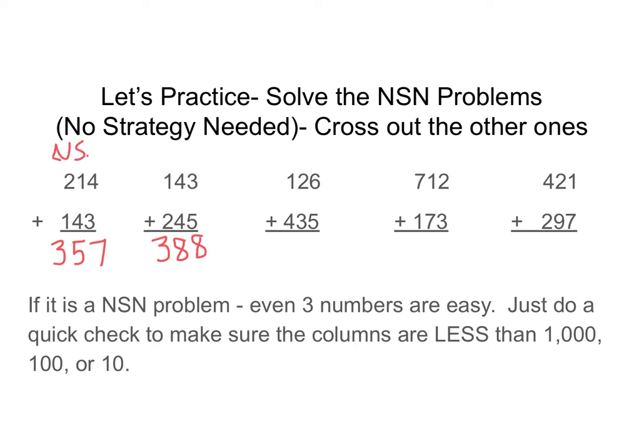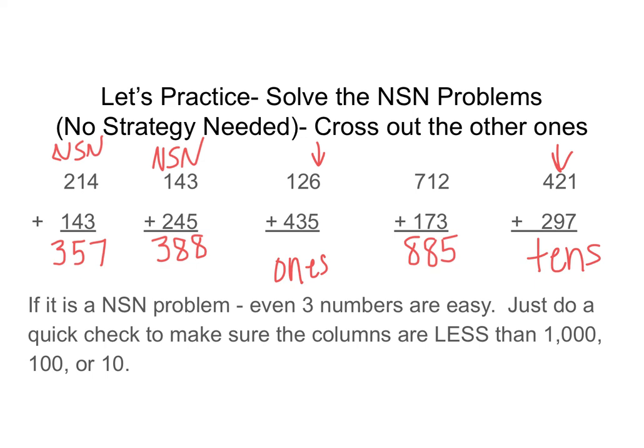So that's an NSN. This is an NSN. Oh, did you notice that ones column? So ones problem, 885. Oh, do you see the problem in the tens column? Great job.